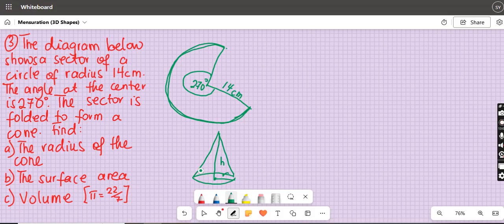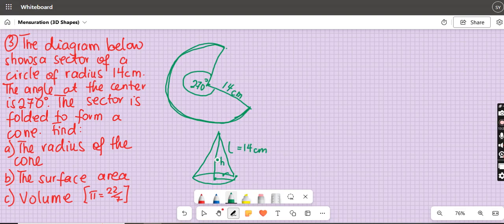And then the radius of the circle is the same as the slant height of the cone.